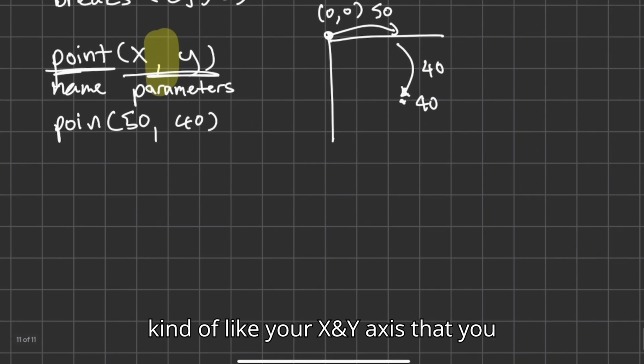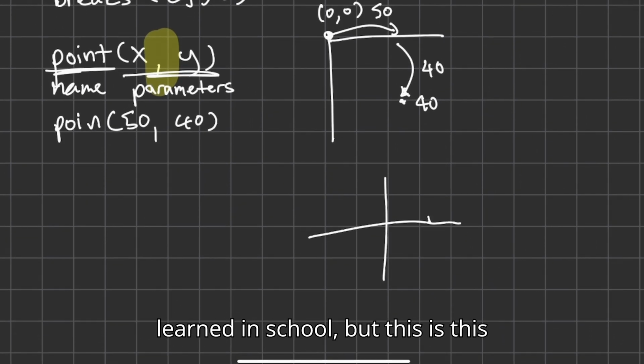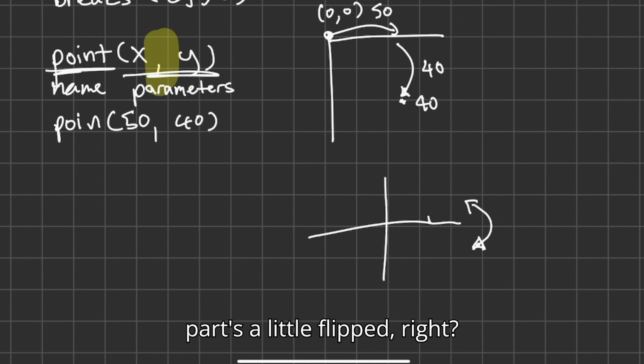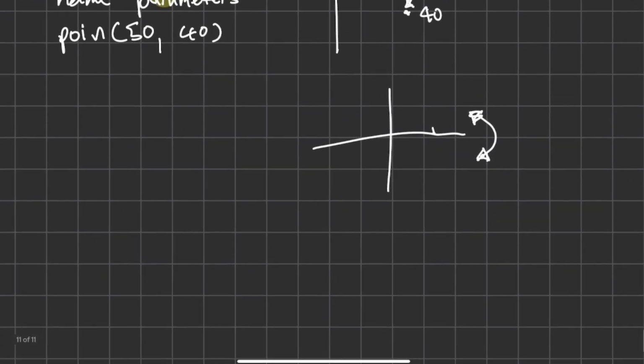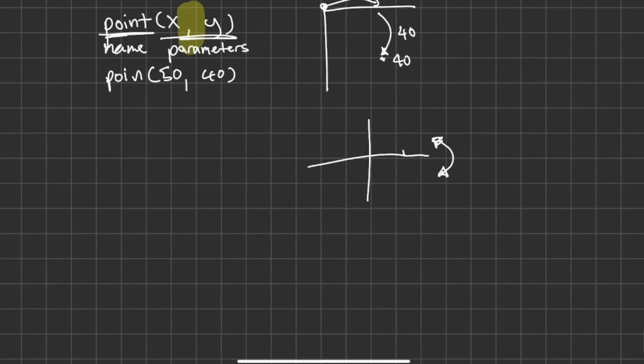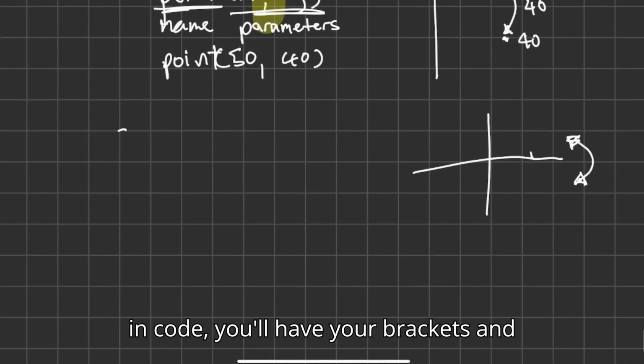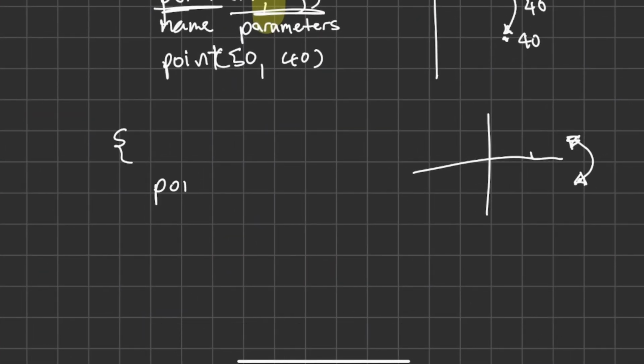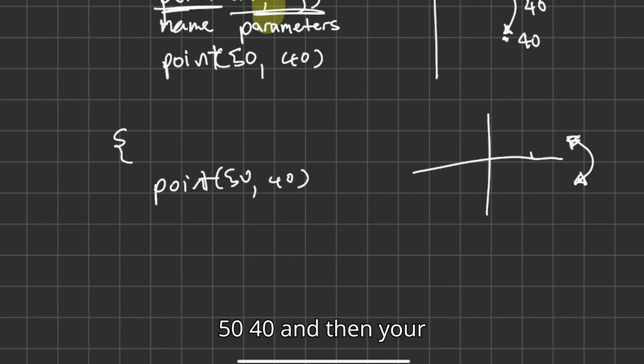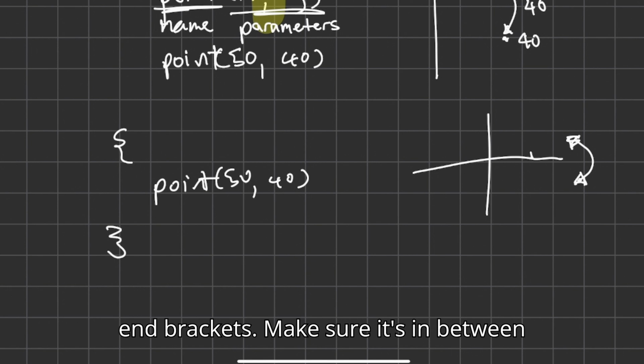It's kind of like the x and y-axis that you learn in school, but this part's a little flipped, right? Your y-axis. Okay, and so if you write this in code, you'll have your brackets, and then you'll have point, 50, 40, and then your end brackets. Make sure it's in between the brackets.